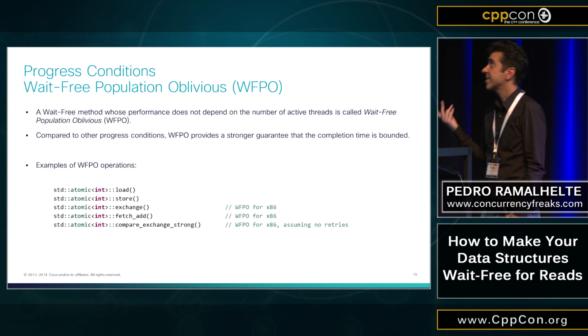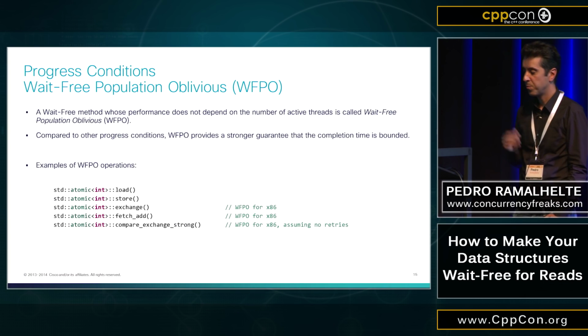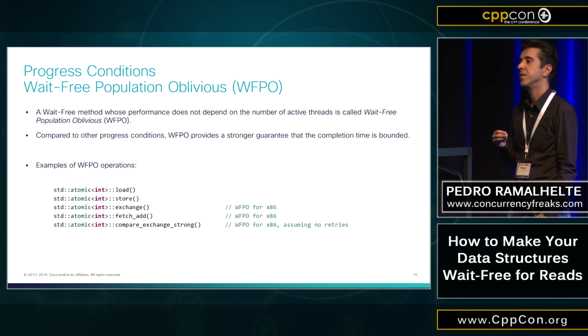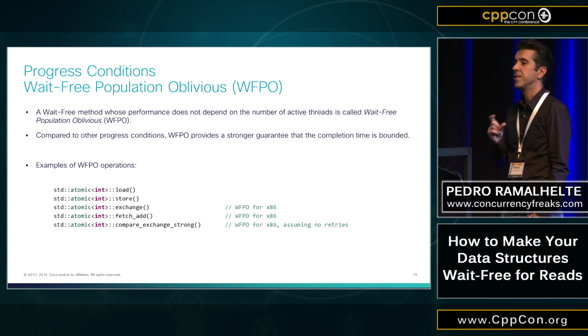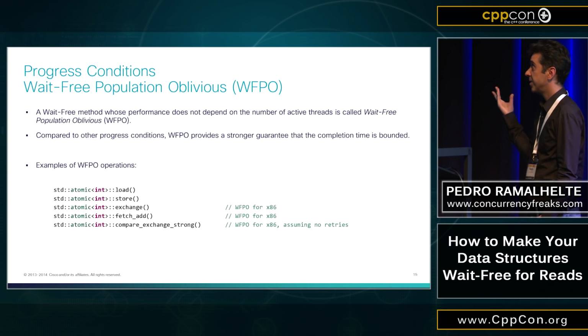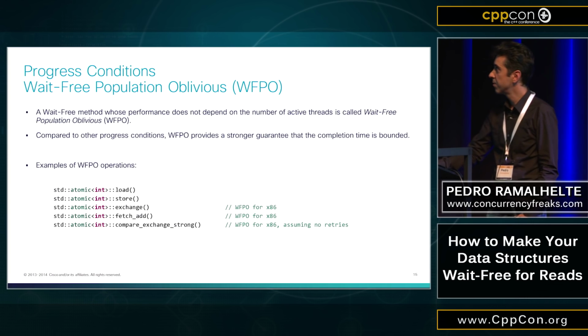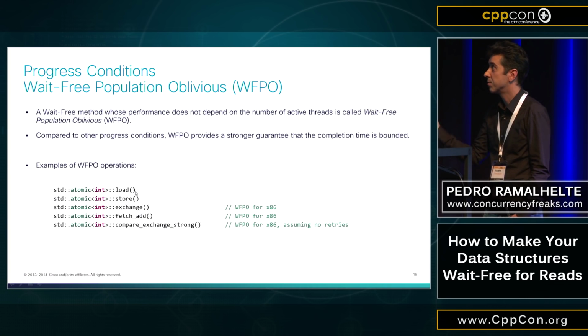And then you have the best kind of wait-free, which is population oblivious, which means it's a finite number of steps and it does not depend on the number of threads. Examples of this can be given with atomics. For example, doing a simple load is always wait-free, and a simple store is also always wait-free, population oblivious.